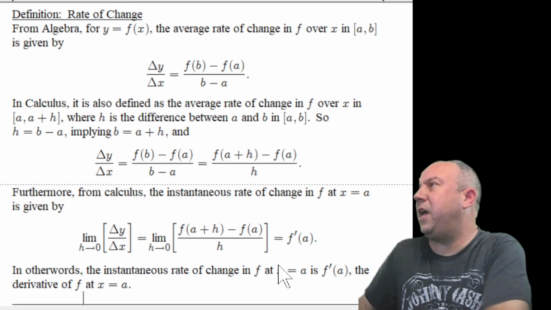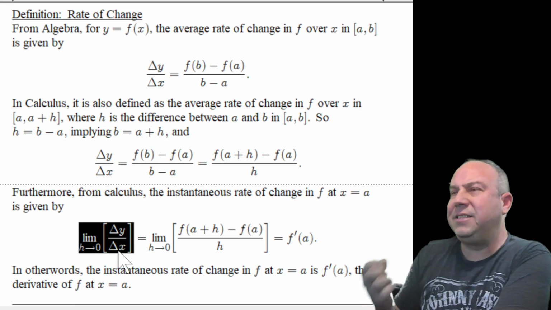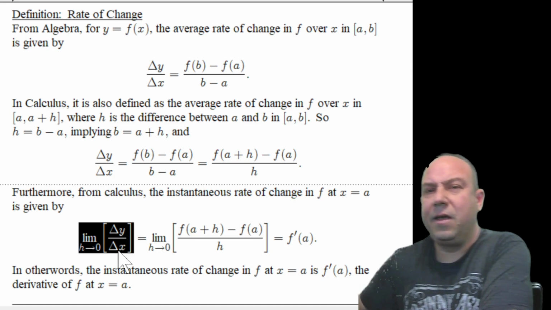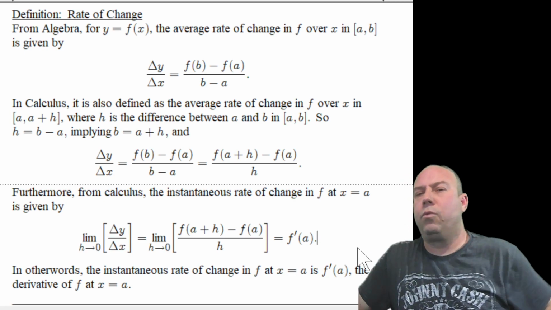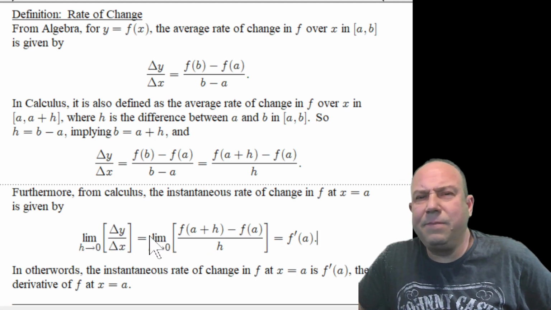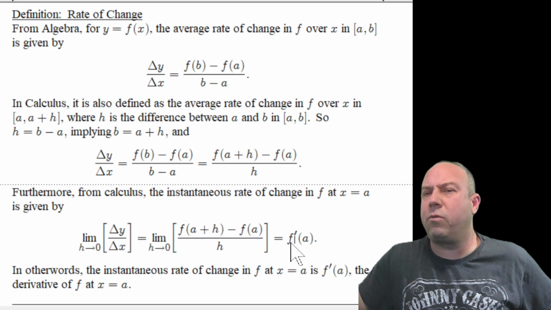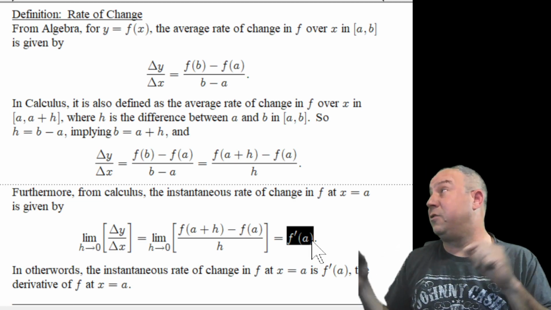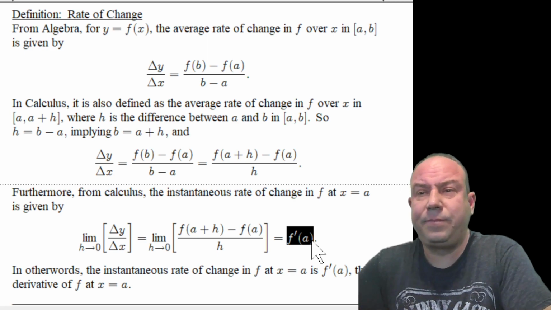And the instantaneous rate of change then becomes the limit as h heads to 0 for delta y over delta x. The limit as h heads to 0 applies to this quantity here, which we're familiar with as the quantity defined by the derivative, f prime at the value of a.